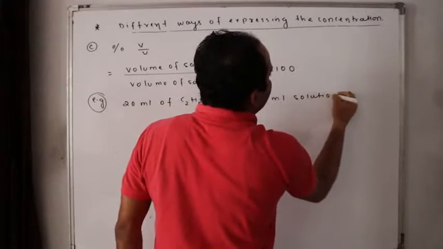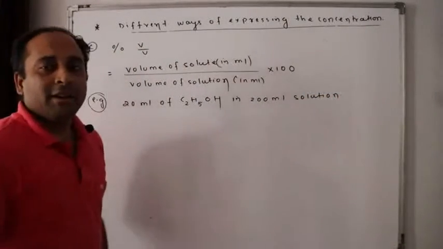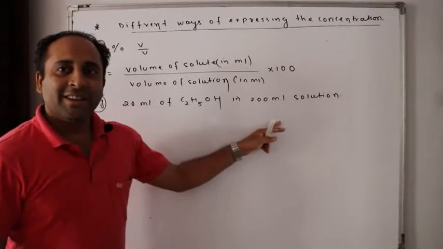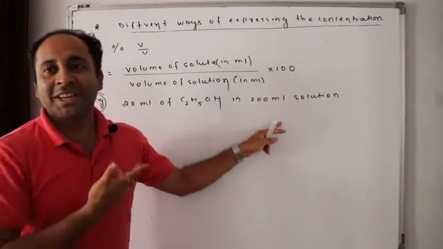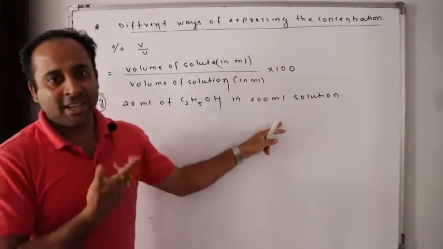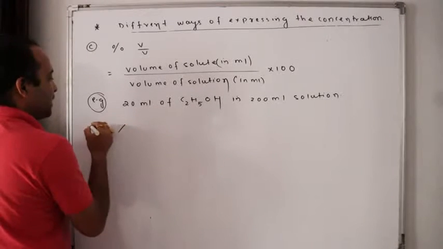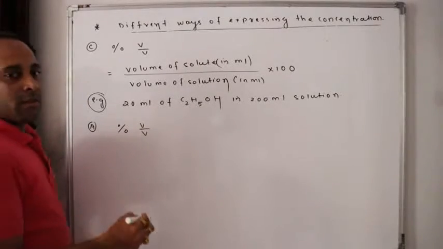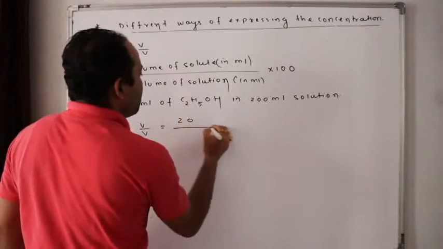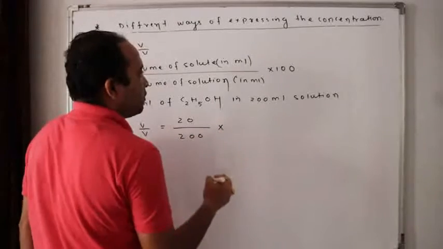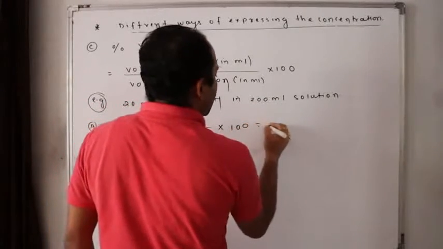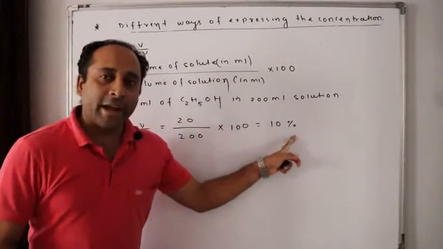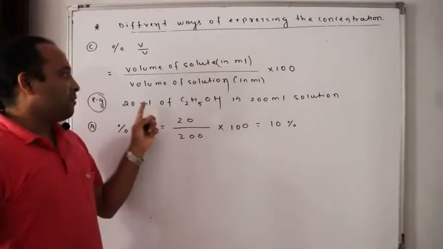Whenever I discuss percentage, remember to convert it into 100. Percentage means 100 concept. 20 ml in 200 ml means 10 ml in 100 ml, so the percentage is 10. Percentage by volume is 20 by 200 into 100, which equals 10%.